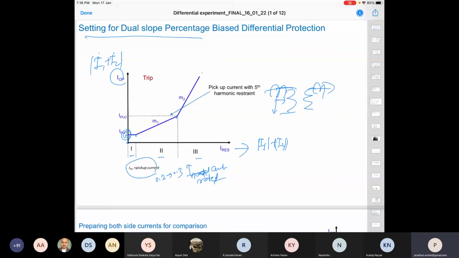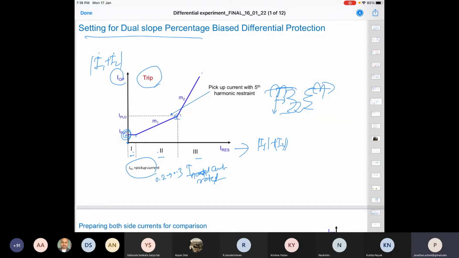So we'll discuss how to have this section 1, section 2, section 3 in typical things. That depends upon the choice of the designer, or different relay manufacturers provide different regions. But the sole purpose is that an internal fault of the transformer must have a trip decision. Okay?